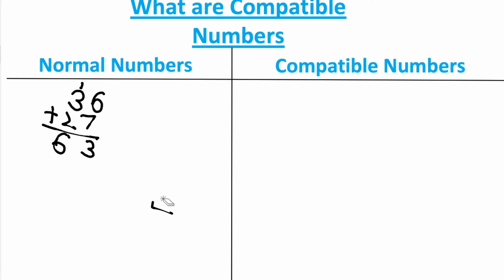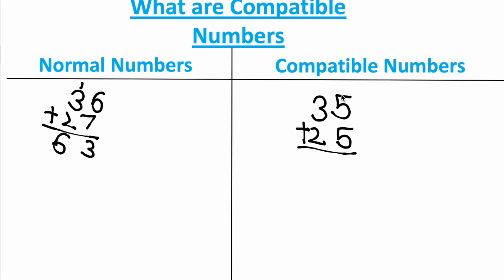The closest number to 36 is 35. So we put 35 here. Plus, then the closest number to 27 is 25. So we put 25. And this makes it much easier.